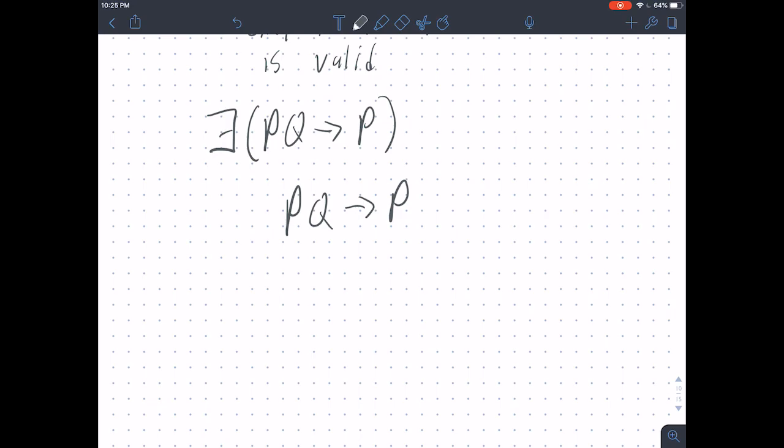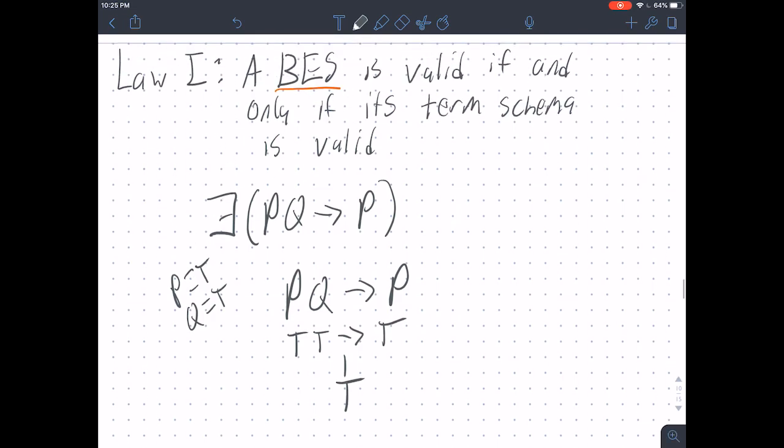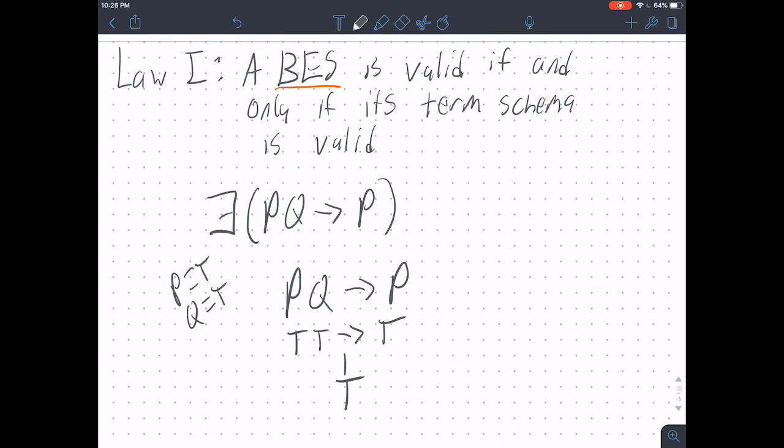And I'm going to use fell swoop. Right, so this is also valid. Okay, really simple. This one applies to just Boolean existence schemata that are by themselves.